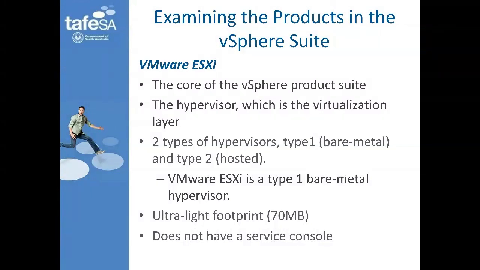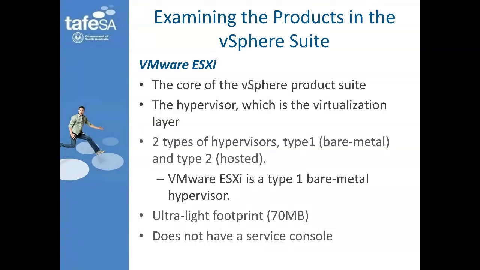So VMware ESXi is the core of the vSphere product suite. Everything else is for management or extra functionality, but ESXi is the worker. If you want to think about a corporation, like here at TAFE, we've got some people that help you enroll, some people help clean up the rubbish, some people who just have a big vision of where we should be going, and other people who consult with the customers.